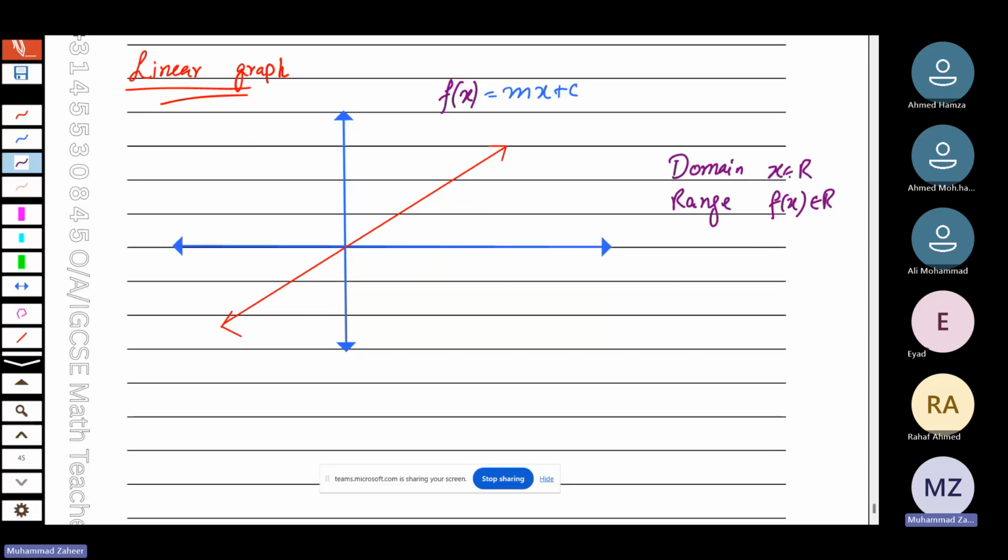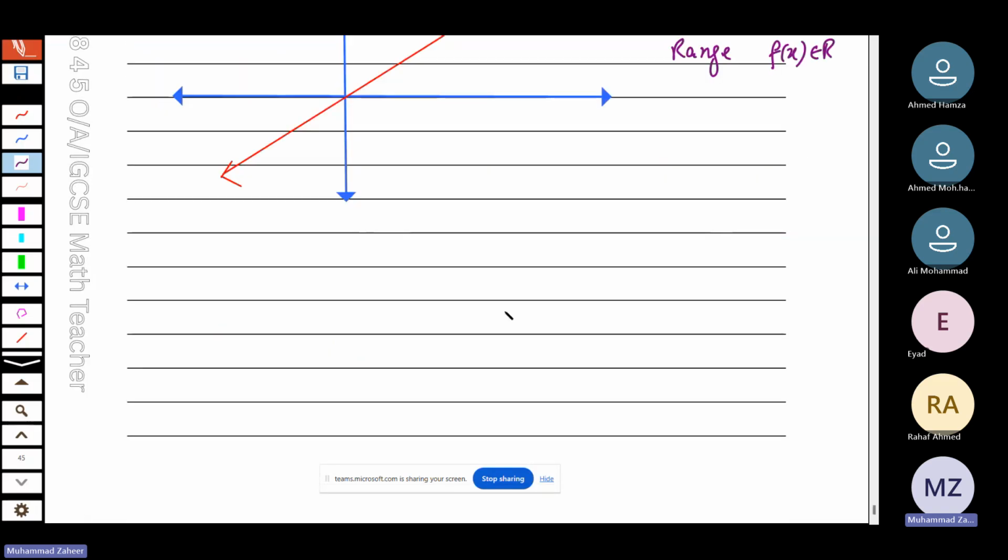The second function that we are going to talk about is the quadratic graph. The shape of the quadratic graph is going to look like f of x is equal to ax squared plus bx plus c. It means an equation, a function in which the maximum power of a variable is 2.